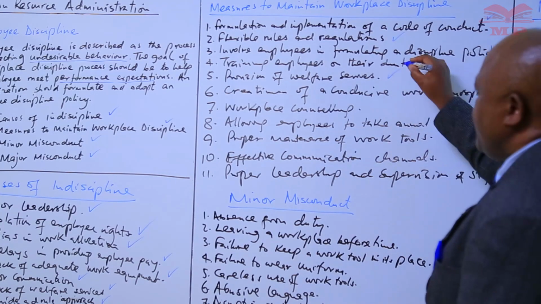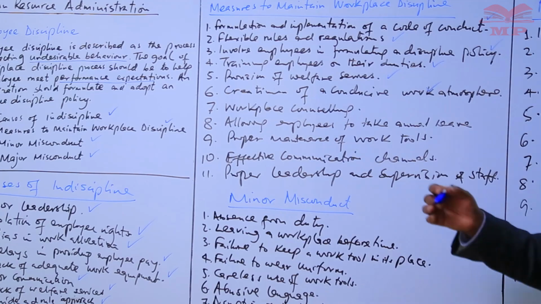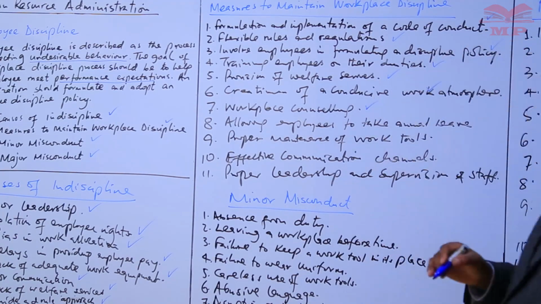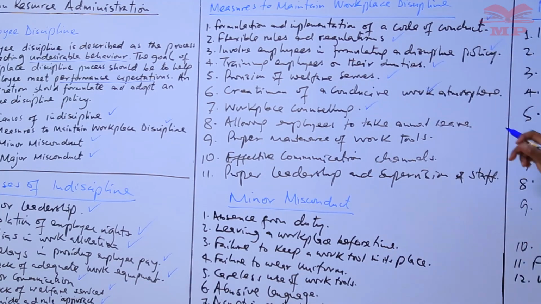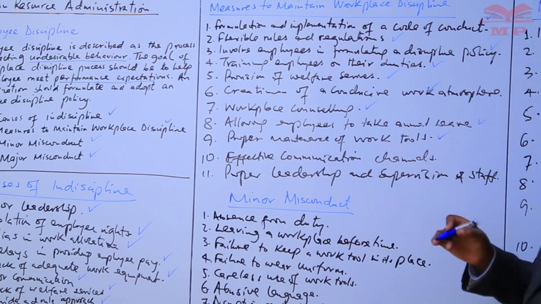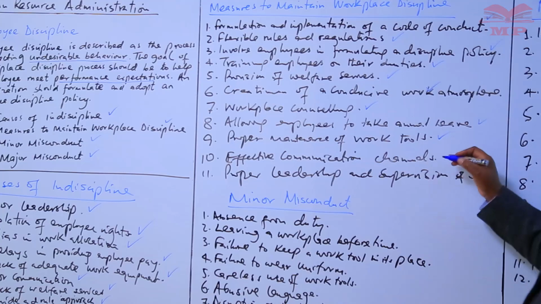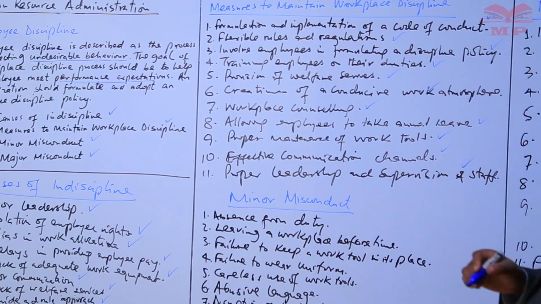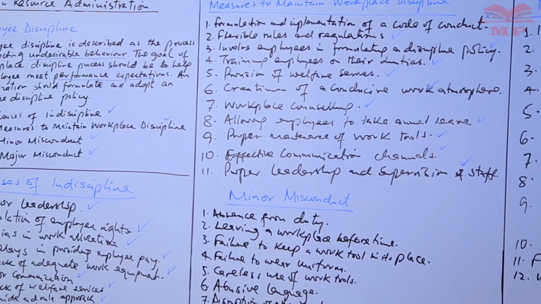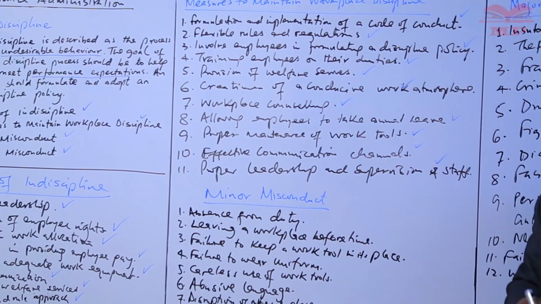Then you have 6, creation of a conducive work atmosphere or environment; 7, workplace counseling; 8, allow employees to take annual leave to recuperate and rest; 9, proper maintenance of work tools; 10, effective communication channels; number 11, proper leadership and supervision of staff. Those could be some of the measures that could be taken to maintain workplace discipline.